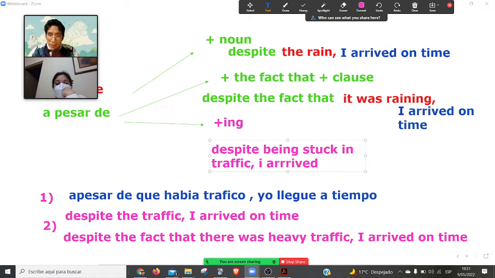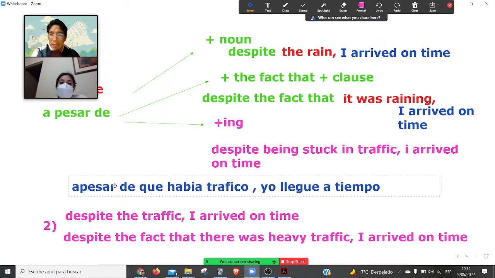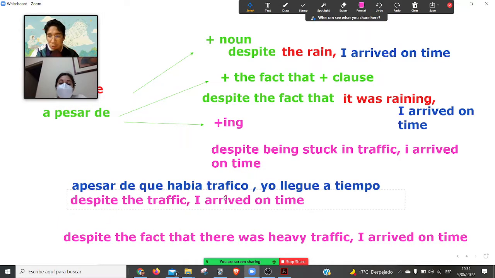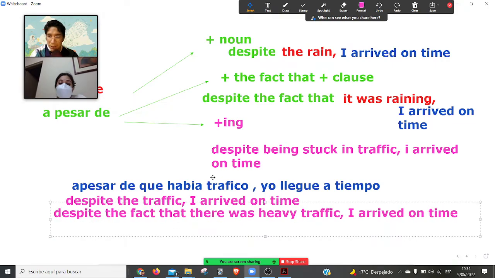I arrived on time. Did you understand? Puedo agregar un verbo con ing. Súper sencillo, ¿cierto? Or not. Ahora tú, el primero, quiero que uses un ing. A pesar de que había tráfico, yo llegué a tiempo. Despite the traffic, I arrived on time. Despite the fact that there was heavy traffic, I arrived on time. ¿Cómo sería el otro?